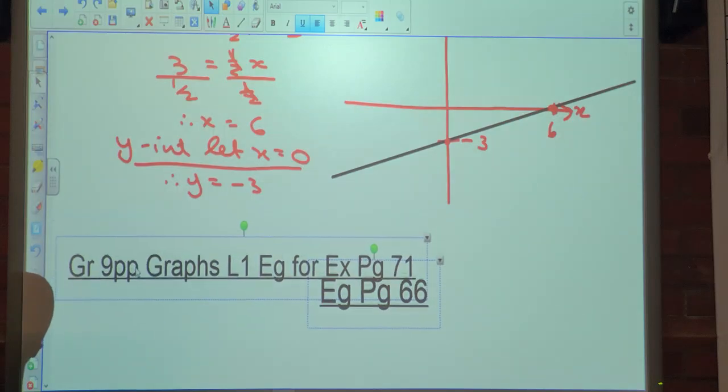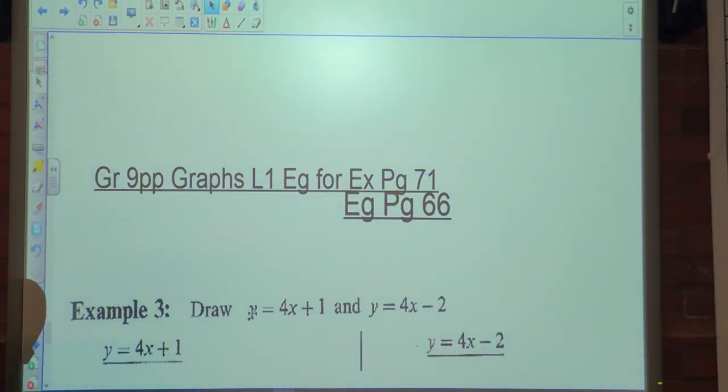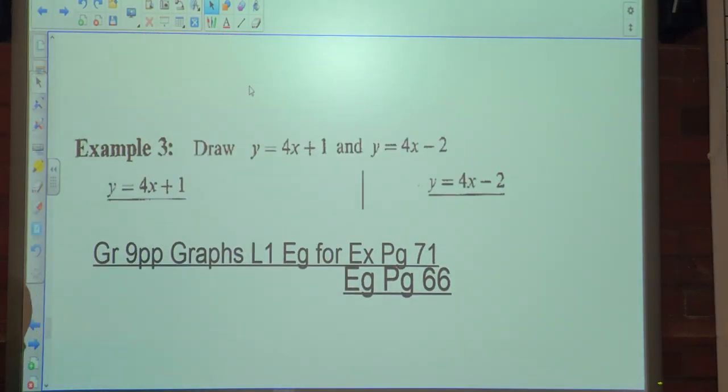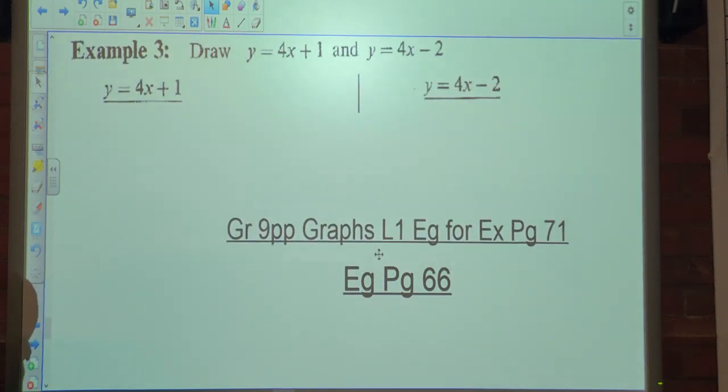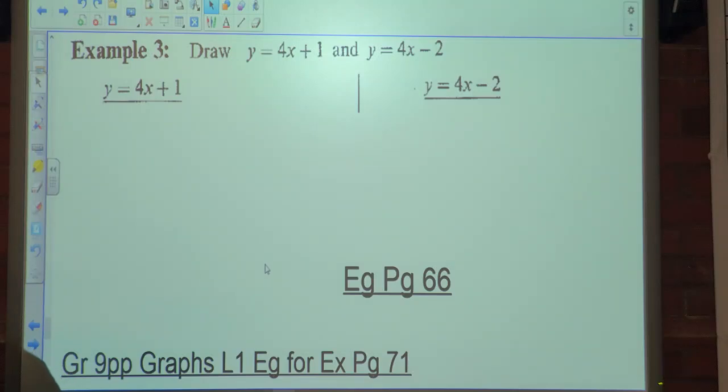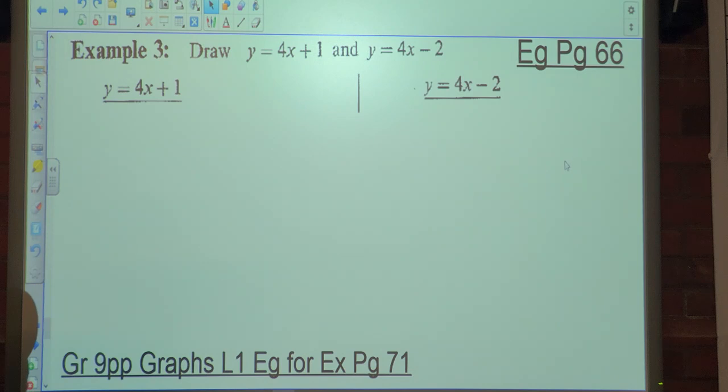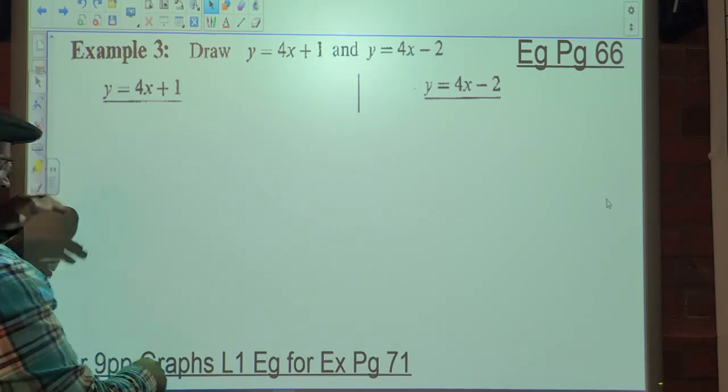Let's go to the next page. Now the next question. So now we have 2 graphs here. The question says, draw, so I will do that marking sign because there are 2 graphs on one system of axes. So it says draw y is equal to 4x plus 1. So let's go with the first one.